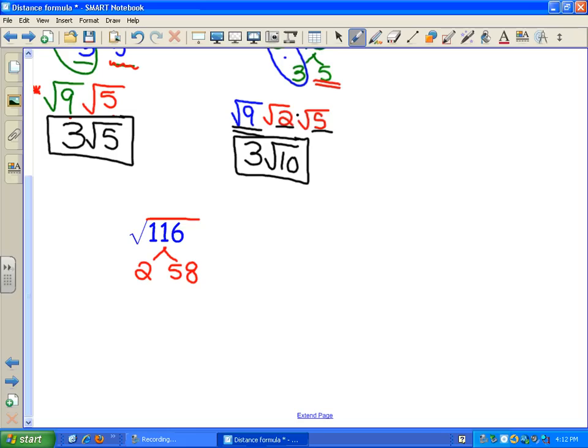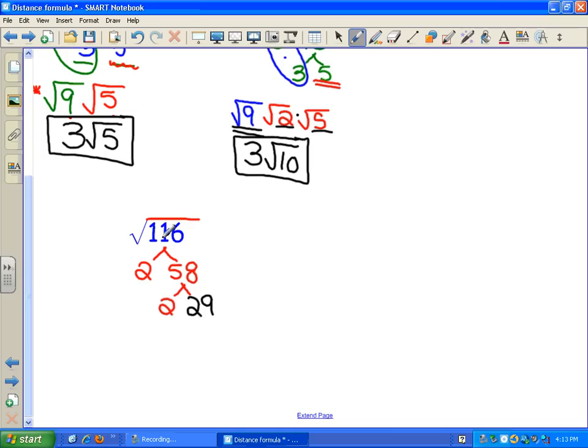I can break 58 down into 2 and 29. Now, 29 is a prime number. Nothing goes into it but 1 and itself. So I've broken it down as much as I can.